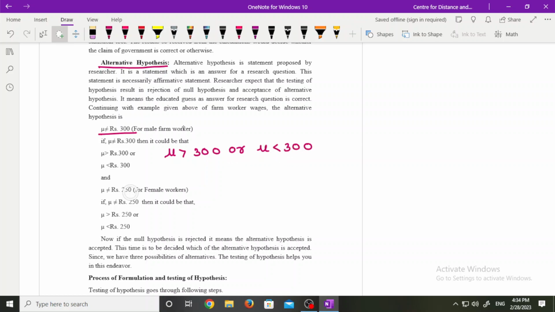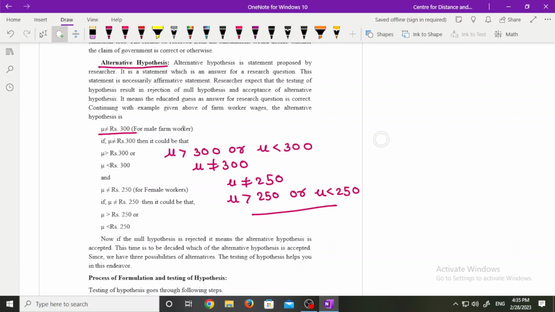Similarly, for female workers, if we consider mu is not equal to 250, then either mu is greater than 250 or mu is less than 250. This is our alternative hypothesis.